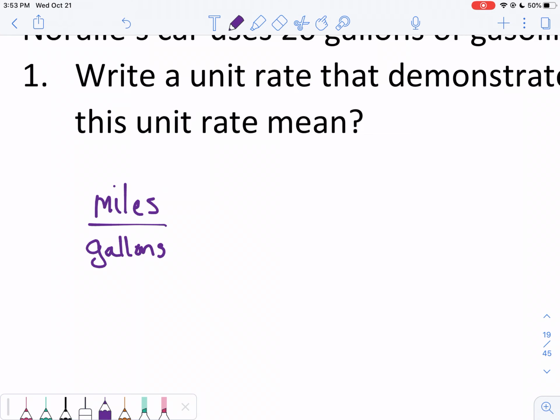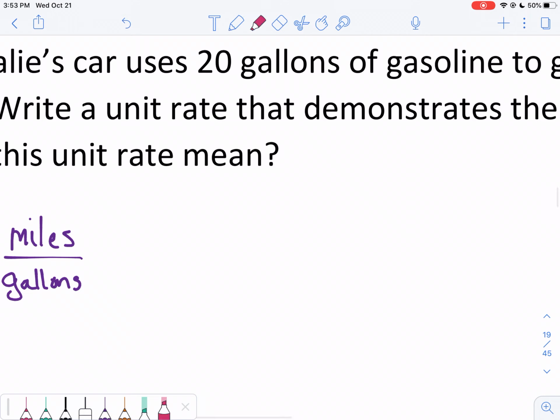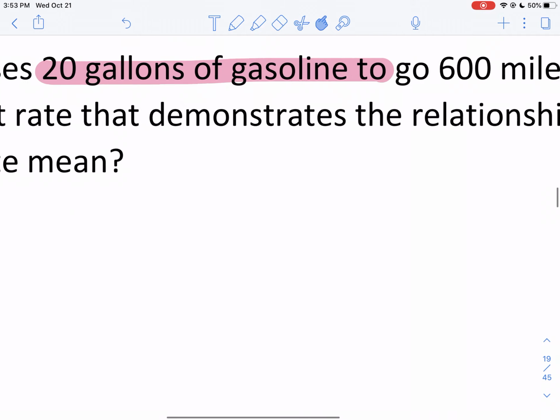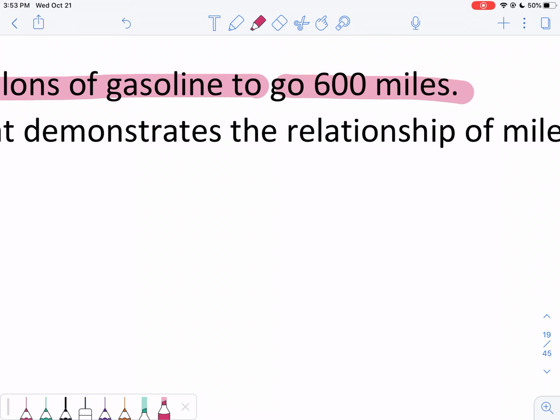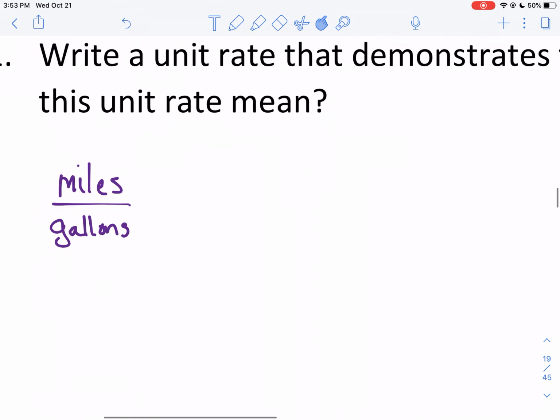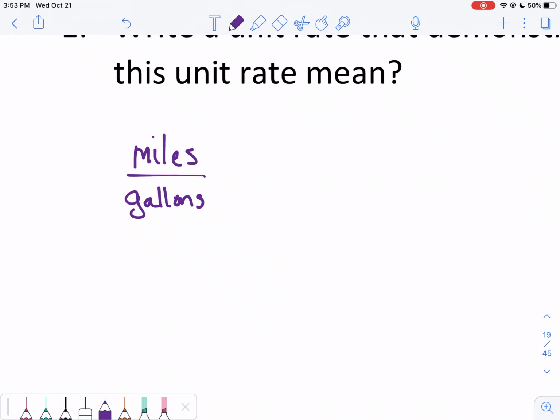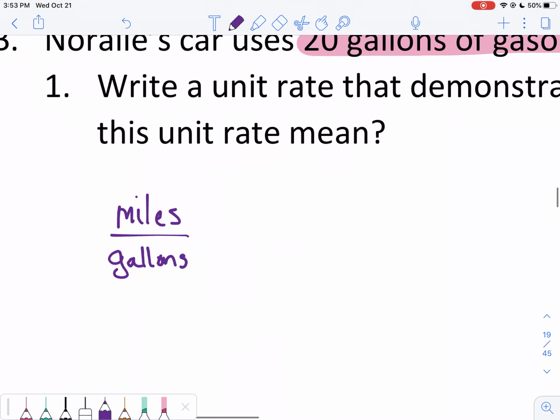And so the rate that they give us was 20 gallons of gasoline, and she could go 600 miles. So 600 miles on 20 gallons of gas. And so we want to know how many miles does she get for every 1 gallon?